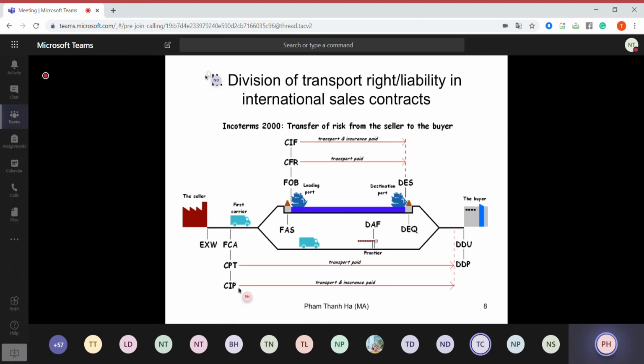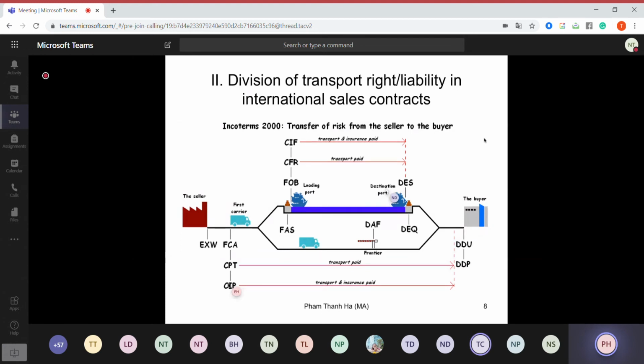However, for the CIP, as we have mentioned previously, this CIP can be used for any kind of transportation mode. For example, sometimes we use it for air freight, and for air freight we usually have very high value goods and sometimes low volume goods.